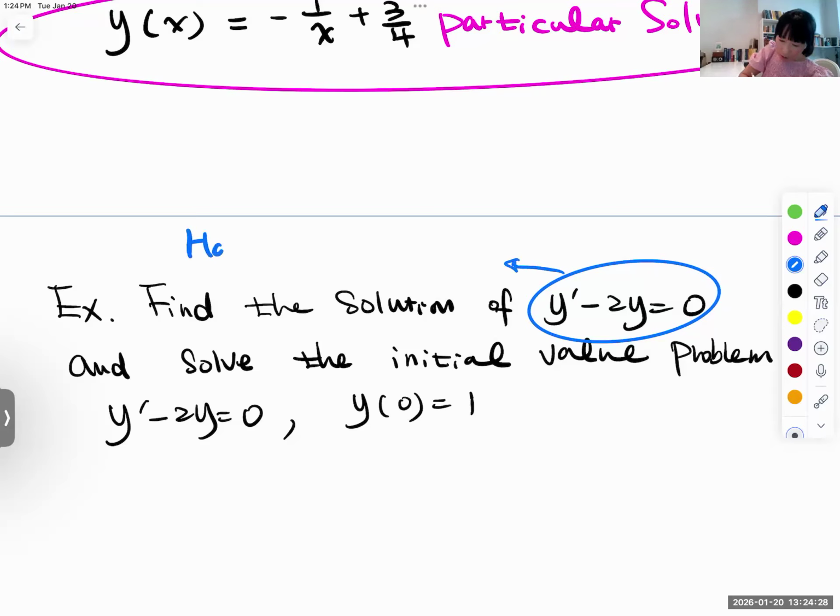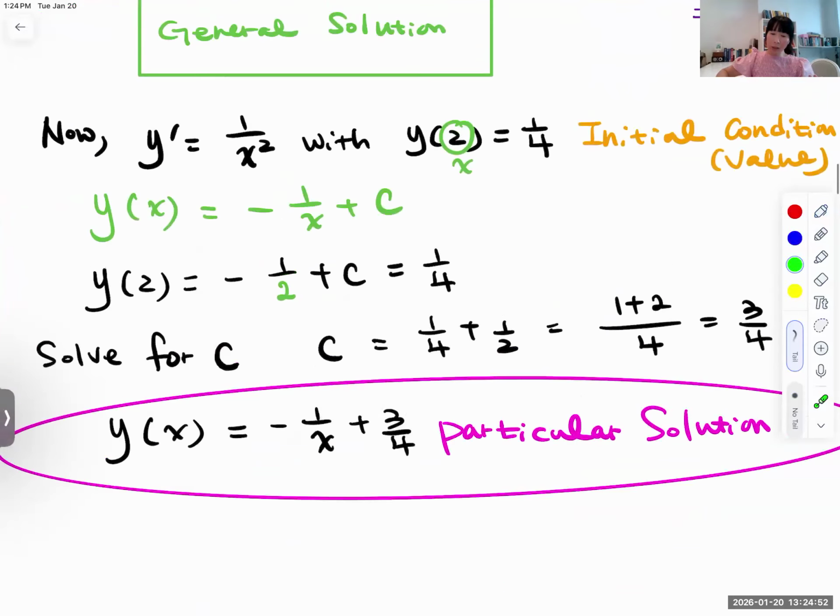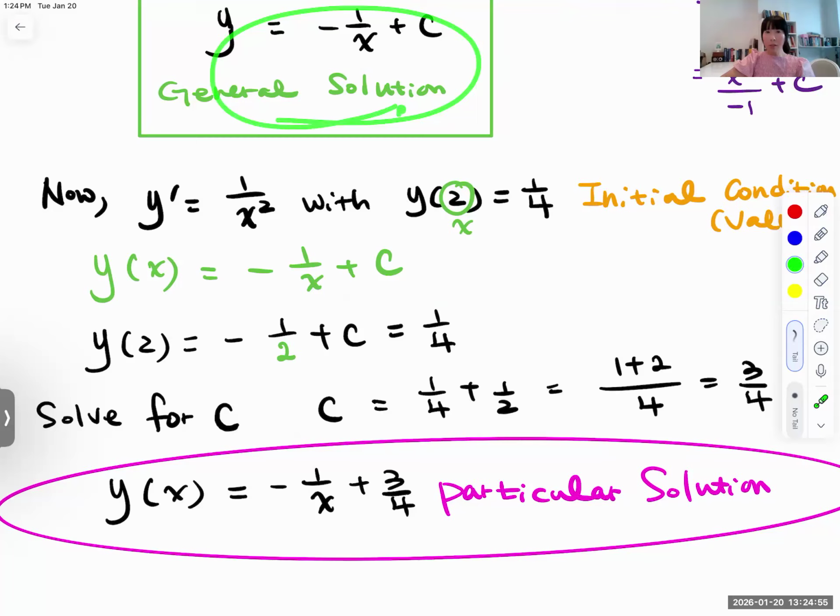Let me denote D. Then we have a given initial value. So our goal, like earlier, is to find the general solution, then by giving the initial value, find the particular solution. Make sense? Okay, let us do that.